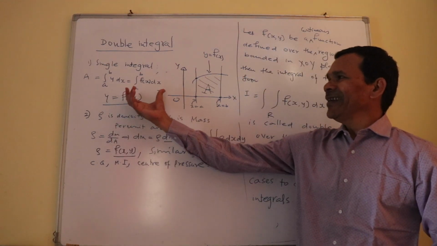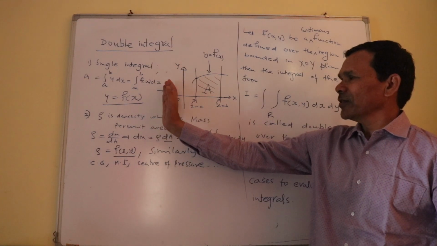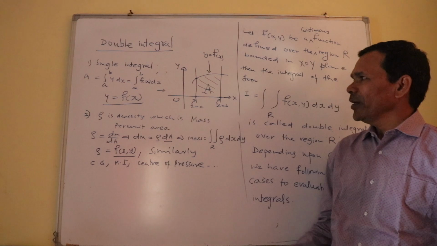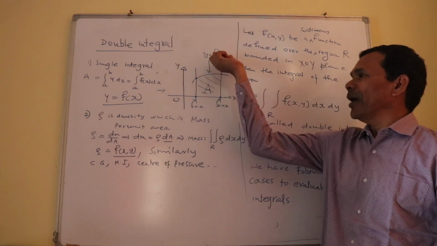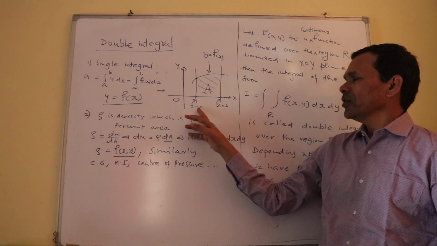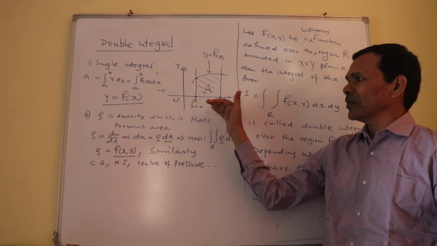This single integral, we usually write as a definite integral from a to b of f of x dx. It represents the area bounded by the curve y is equal to f of x, the line x is equal to a, the line x is equal to b, and under the x-axis.